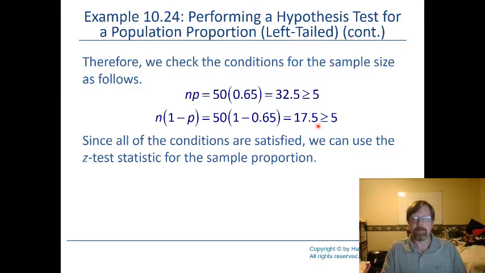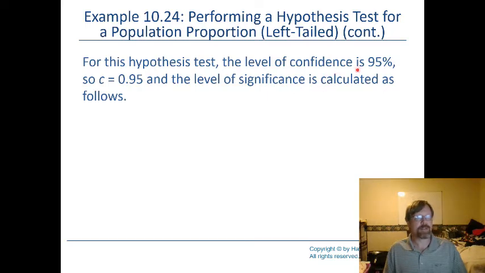All right, so we've got the confidence level of 95%. So c equals 0.95. Remember, confidence level and significance level add up to 1 or 100%, whichever way you want to look at it. So our significance level is 1 minus the confidence level, or 0.05.